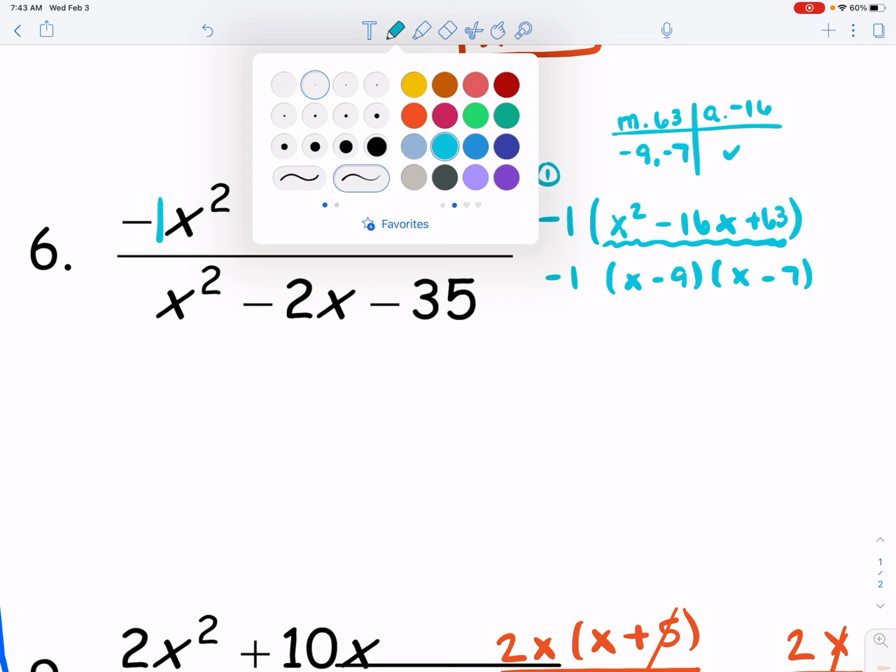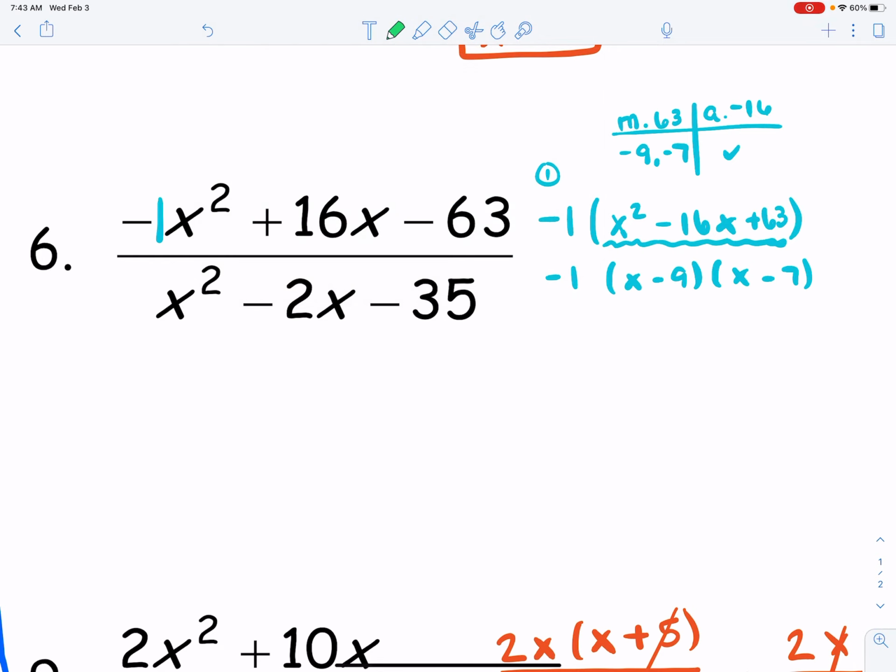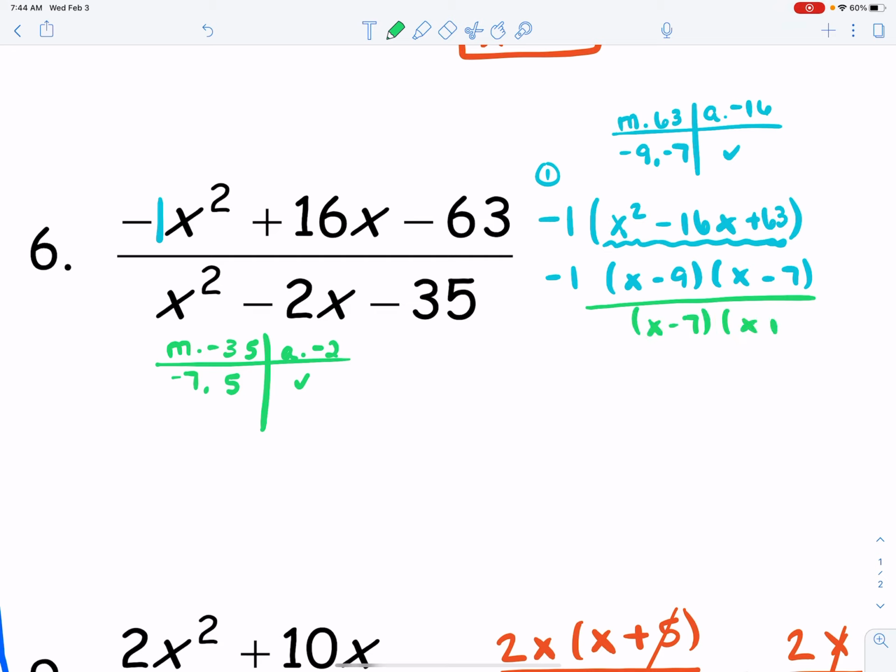Okay, now if we finish this problem, let's come to the bottom. We need two numbers that multiply to -35 and add to -2. So -7 and positive 5 will do that. So on the bottom, I have x minus 7 and x plus 5. Now to continue to simplify, my like factors, x minus 7, cancel.